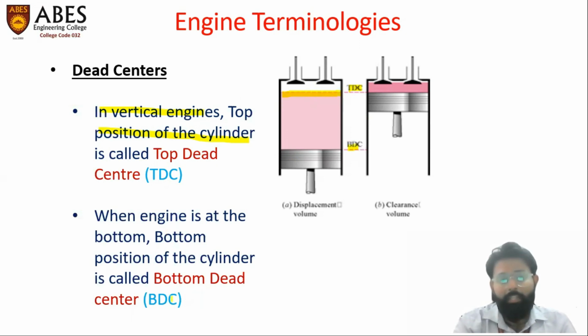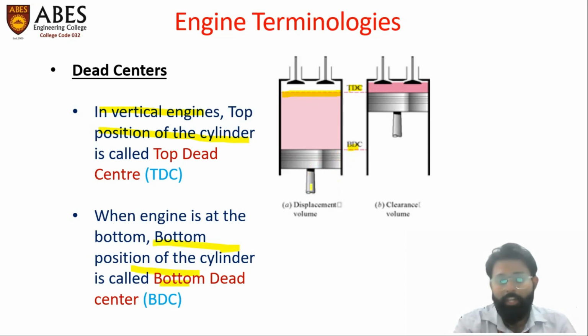And BDC, bottom dead center. When the piston is at the bottom position of the cylinder, it is called bottom dead center, BDC. This is the point beyond which the piston cannot go further down.